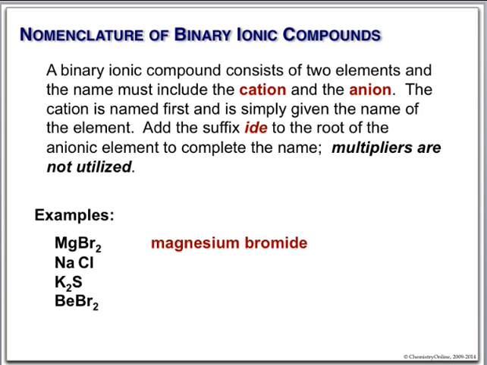Sodium is our cation. Chlorine is the anion, and its root is chlor. So we would simply do sodium chloride. This is potassium. The root for sulfur is sulf. And all we do is stick IDE on the end.